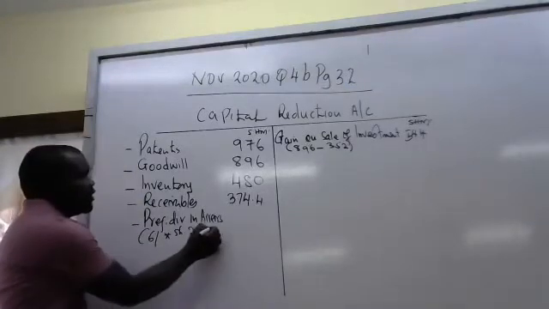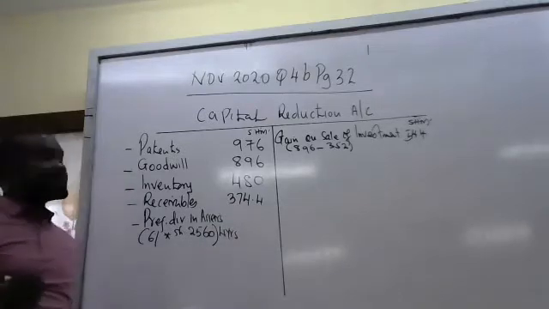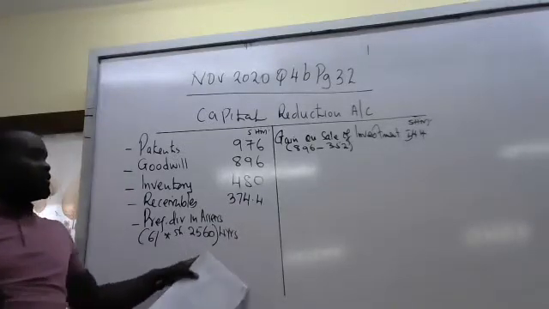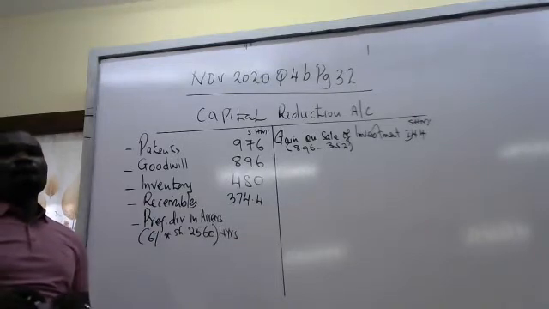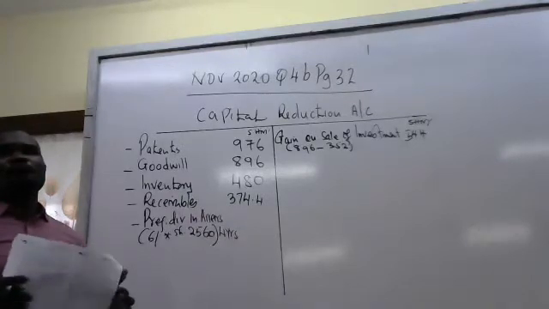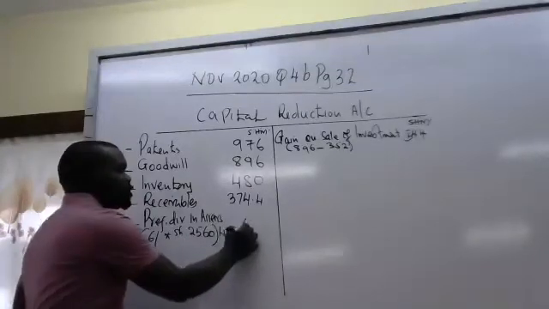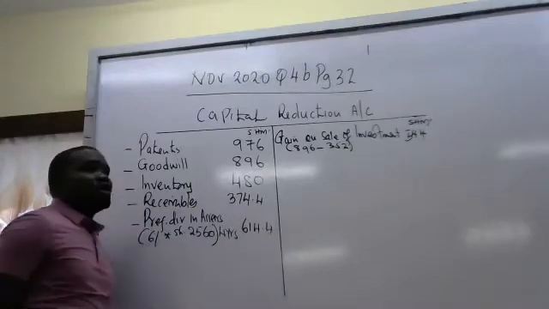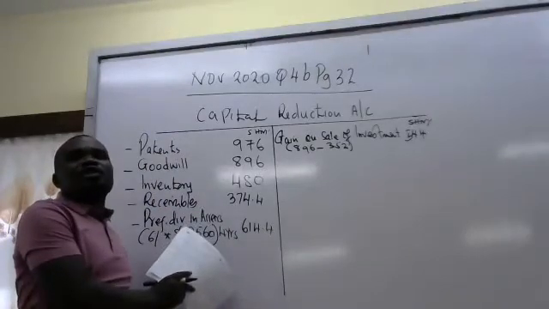They were in arrears for 4 years. So 6% times this times 4 years is 614.4. So here we normally recognize them as part of the accumulated losses.